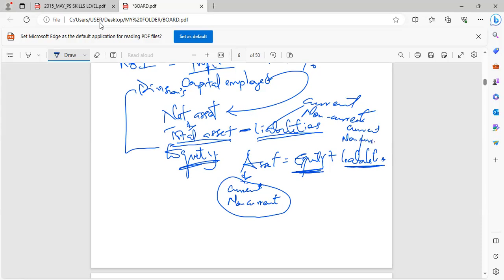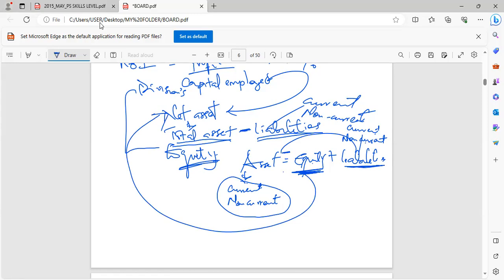So if I want to get equity from this equation, I will say my equity is my assets minus liabilities, where this liability is current and non-current. And this equity here, which is my assets minus liability, is the same thing as what? My net assets. So that's where the word capital employed was gotten from.